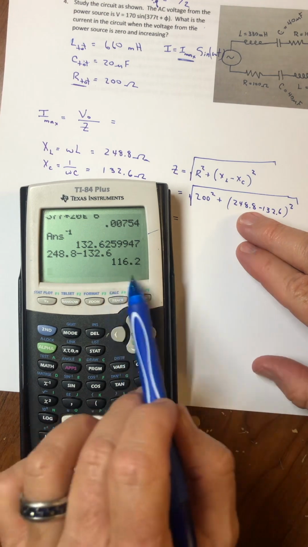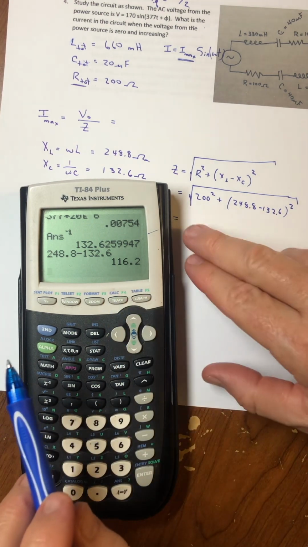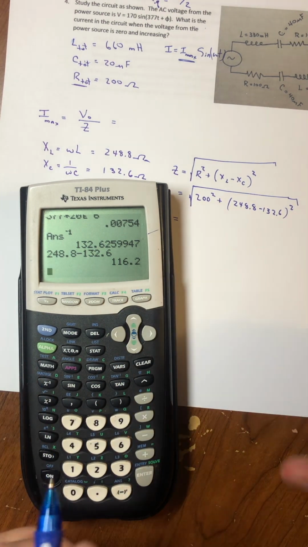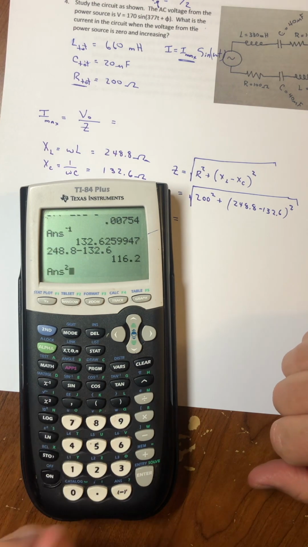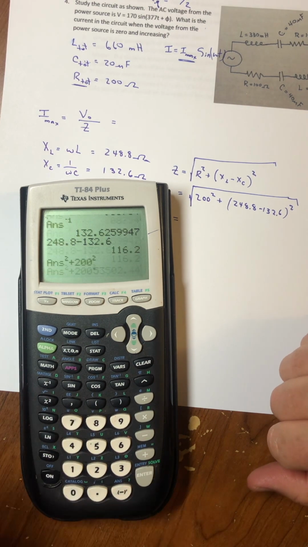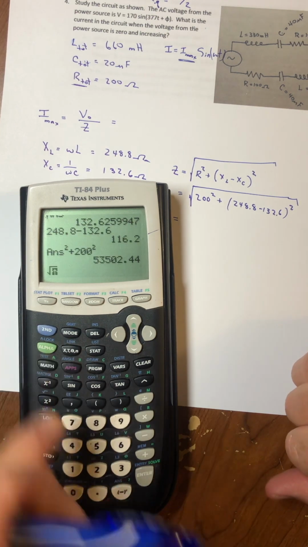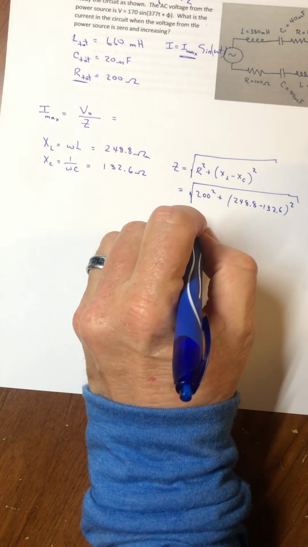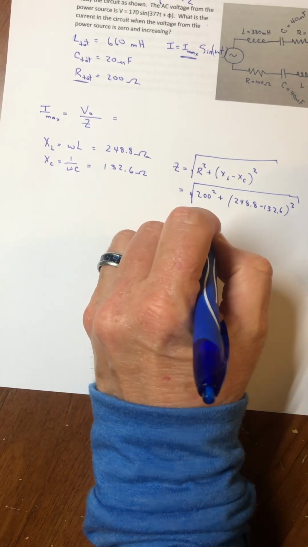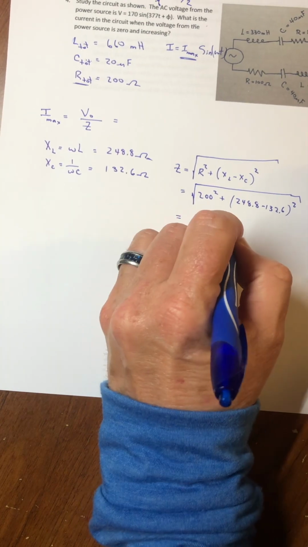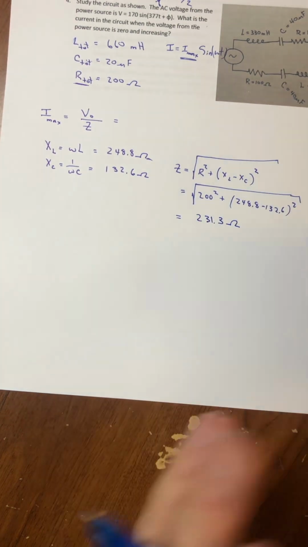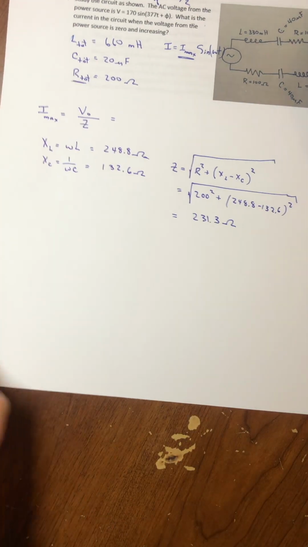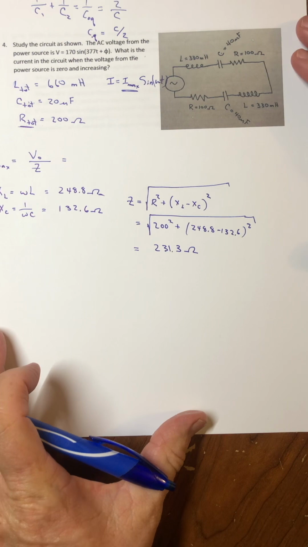And so the two of these together is about, well, less than the resistor. It's about 116. Let me square that and add it to the 200 squared. And then finally taking the square root. And so the overall effect is about 231.3 ohms worth of opposition, if you will.